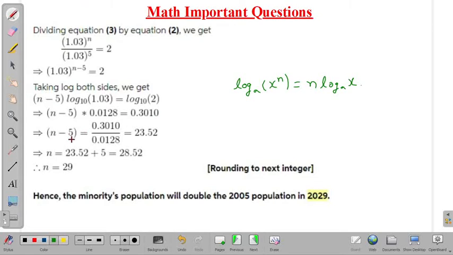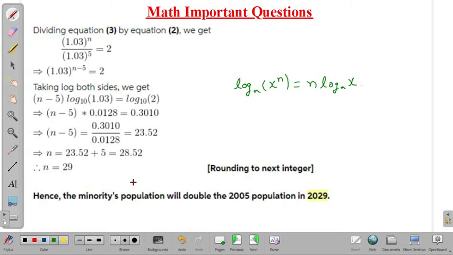So n minus 5 will be equal to 23.52, or n will be equal to 23.52 plus 5. Therefore n is equal to 28.52. Rounding to the next integer, n will be equal to 29. Hence we can say the minority population will be double that of the 2005 population in the year 2029.